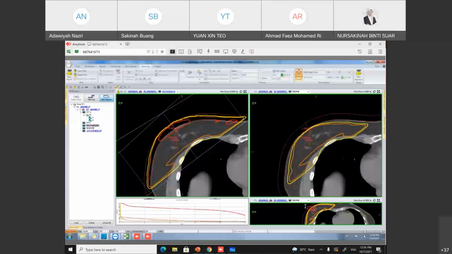Is it something on your screen? At the TPS system, is it? I'm not sure what the question is either. Maybe this student can explain to your lecturer, and then your lecturer can forward it to me afterward.